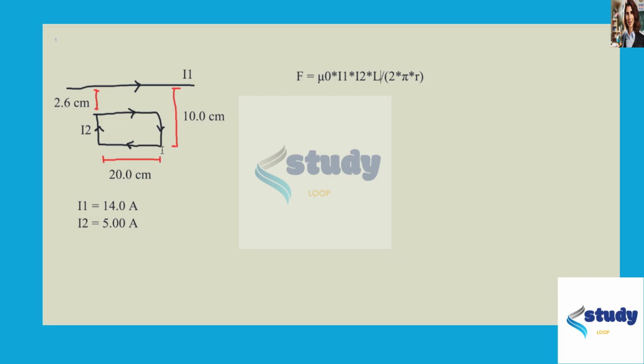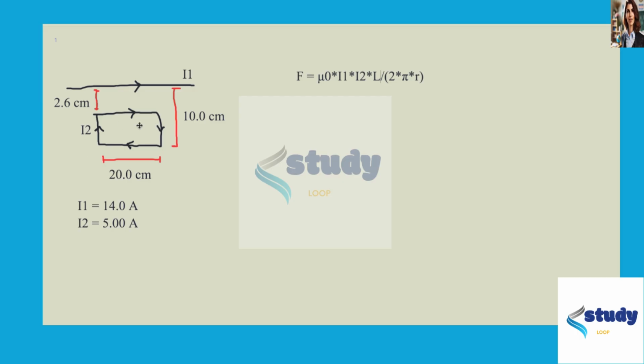So let's first think about the two vertical parts of the loop. If you think about it, the magnetic field exerted on both of these from the long wire is going to be the same, but the current in either of these is in opposite directions. So when we add up the force on this wire and the force on this wire, we're going to get two values that are equal in magnitude but opposite in direction.